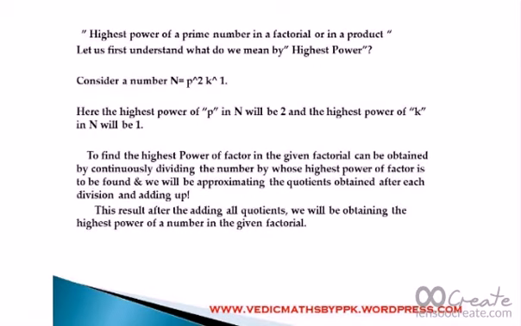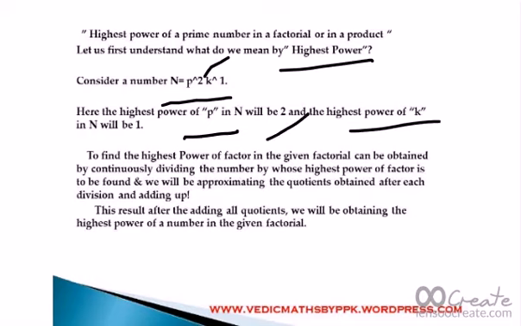First we will see what we mean by highest power. Consider, for example, a number n. It can be represented in the form p raised to 2 into k raised to 1. Here the highest power of p in n is 2, and the highest power of k is 1.